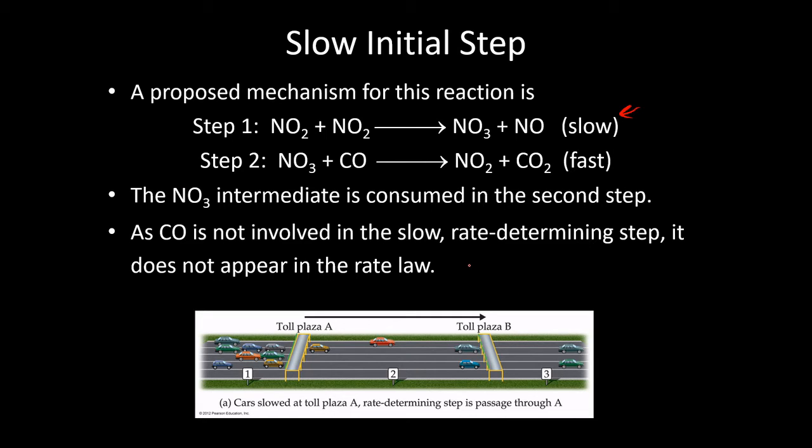But anytime you are trying to write the rate law for a multi-step process like this, you're just going to look at the slow step and write in the reactants from that slow step, which in this case would just be 2 NO2s, which we could simplify as [NO2] squared.